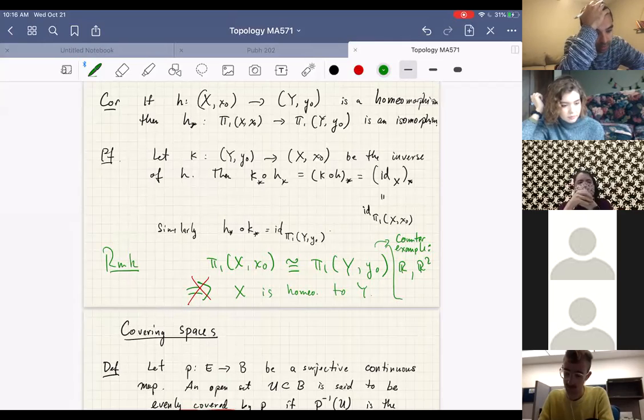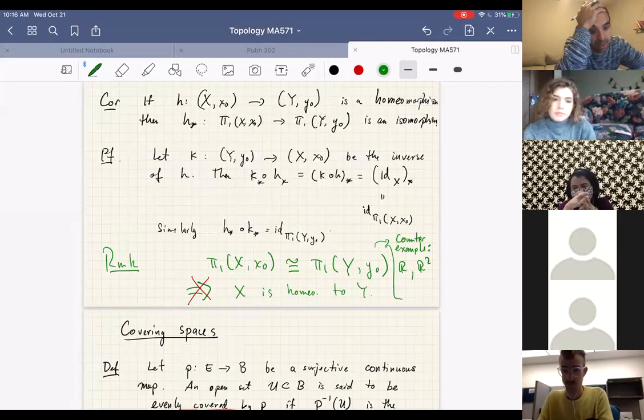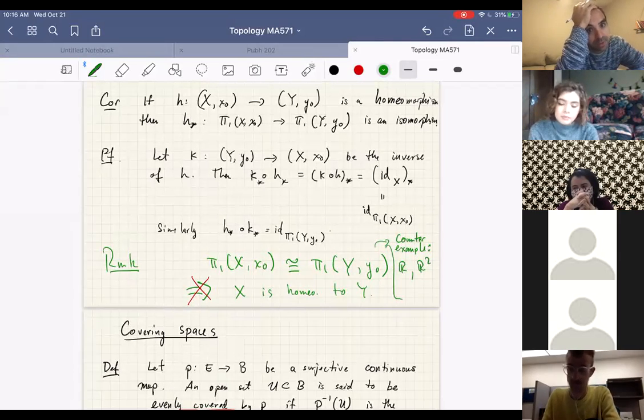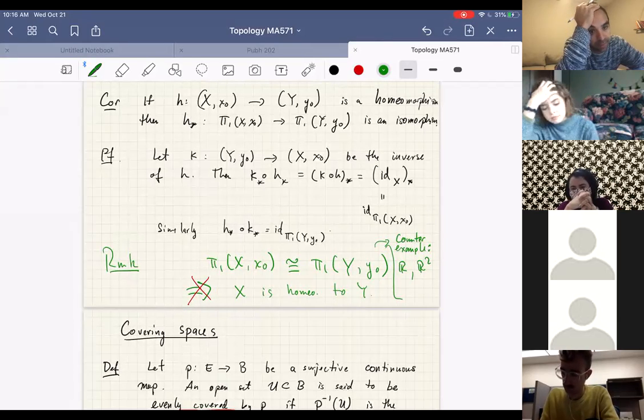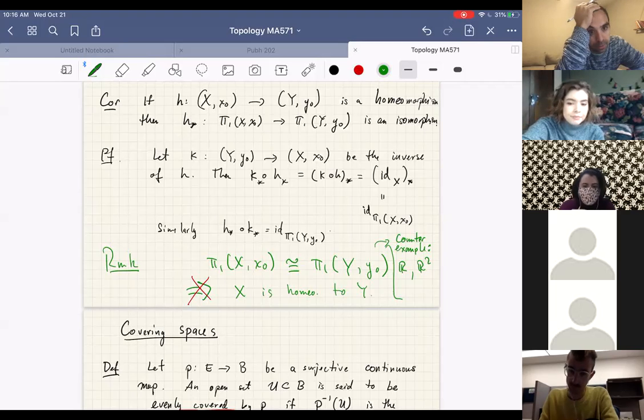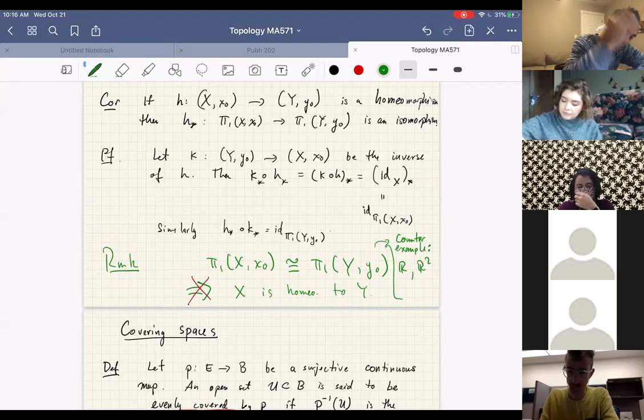Oh, maybe this is what you were saying, Sophia, but now you can say they are both simply connected, but they are not homeomorphic. Yeah, you can say they both have isomorphic fundamental groups, but they are not homeomorphic. I can't remember if they will be homotopy equivalent spaces. They will. Yeah. Okay. Because both of these will be homotopy equivalent to a point.